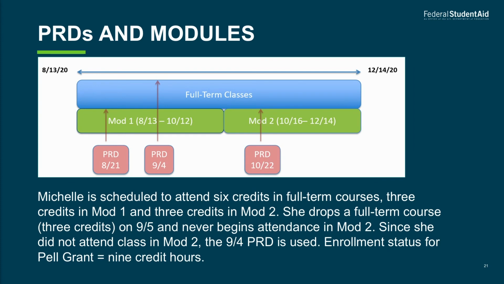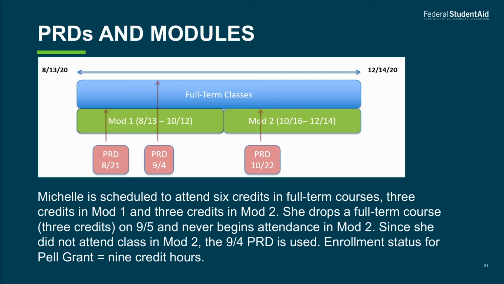Continuing with PRDs and modules, in this scenario we have Michelle, who is also scheduled for 6 credit hours in the full term courses, 3 credits in Module 1 and 3 credits in Module 2, for a total of 12 scheduled credit hours for the term. On September the 5th, she drops one of the full term courses for 3 credit hours.